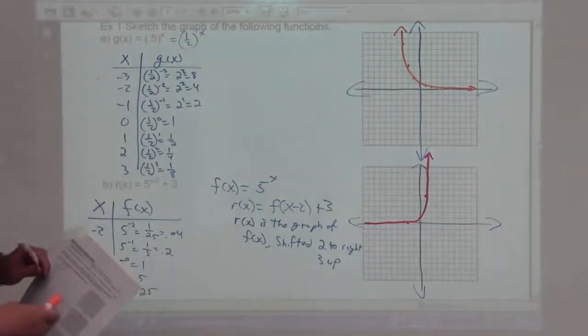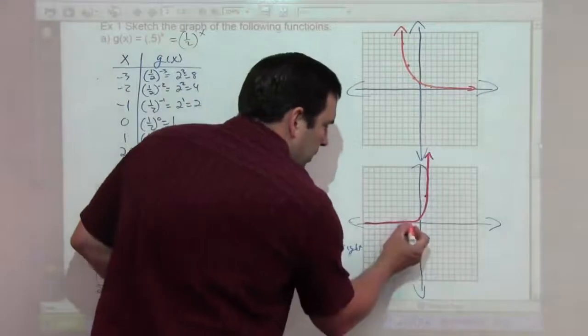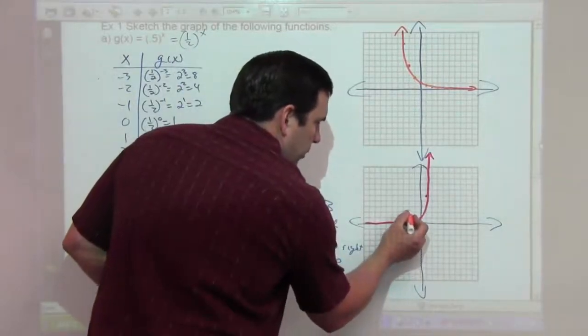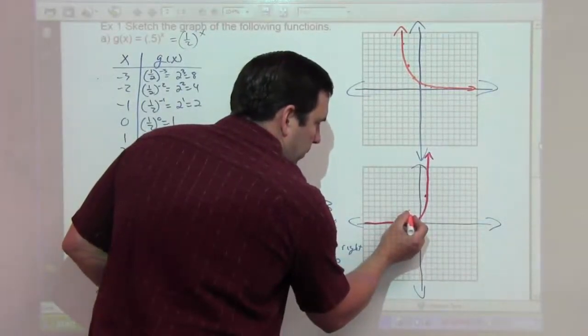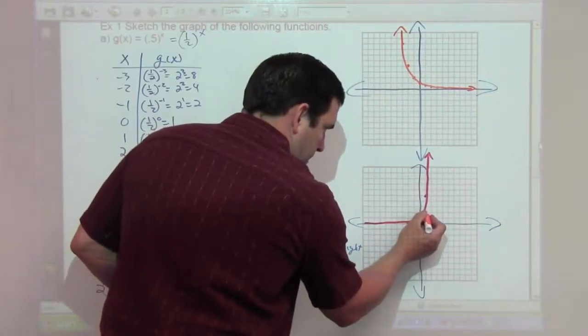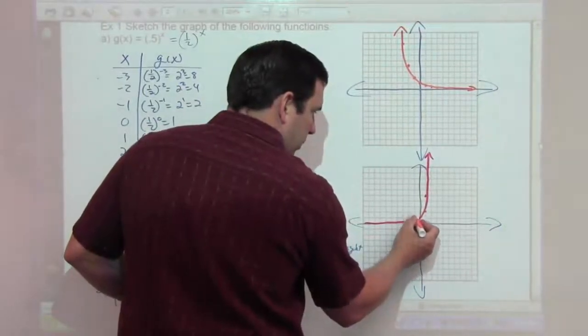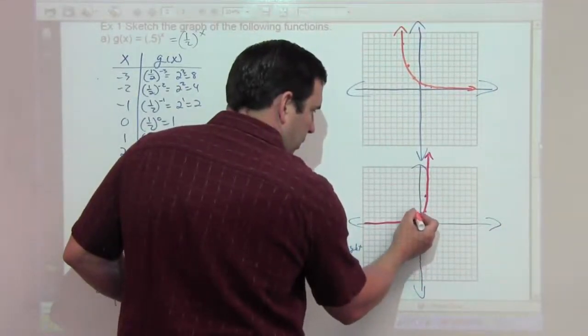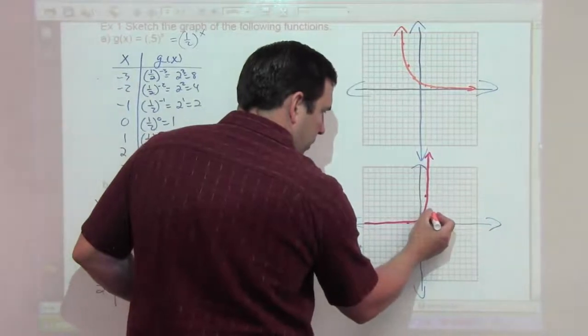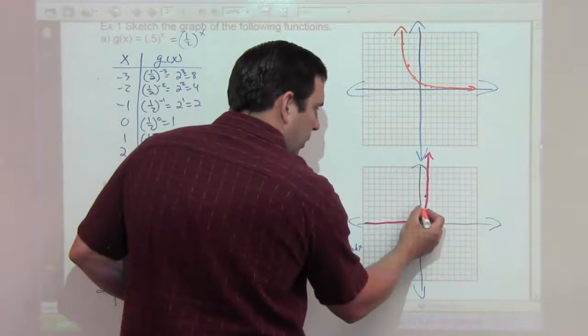So for r of x, we're going to go to the right 2 and up 3 for each point. So this point down here is going to go to the right 2, up 3. This point goes there. 0, 1 is going to go to the right 2, up 3.